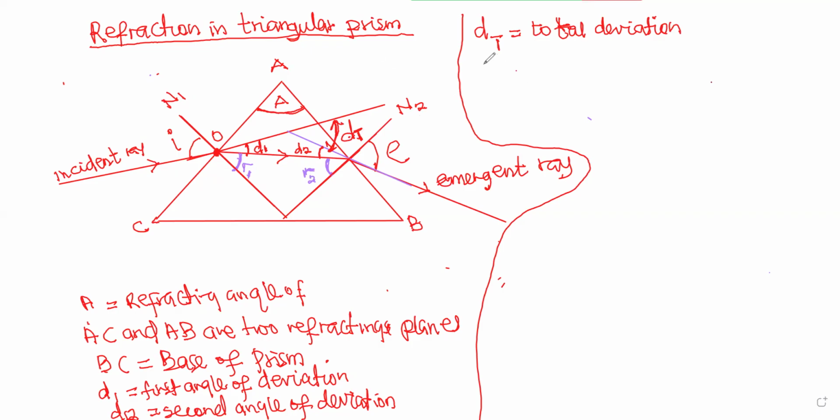So D total must actually be equal to deviation 1 plus deviation 2. The value of D total, this angle, must be equal to the angle of deviation here plus the angle of deviation there. Are we okay?